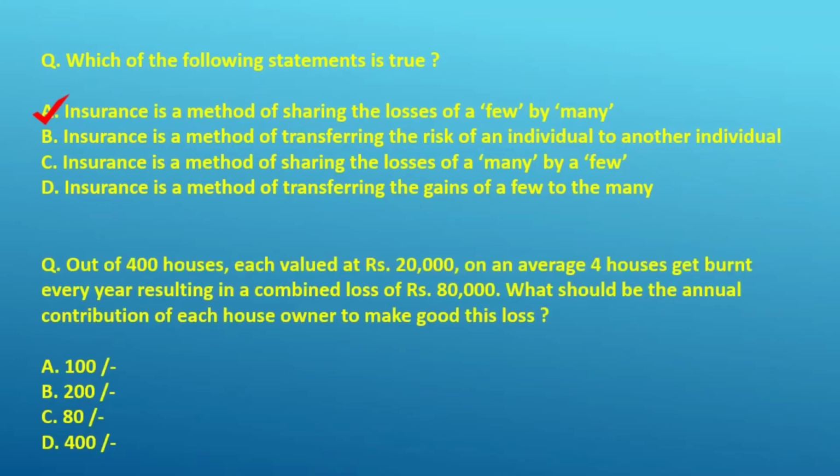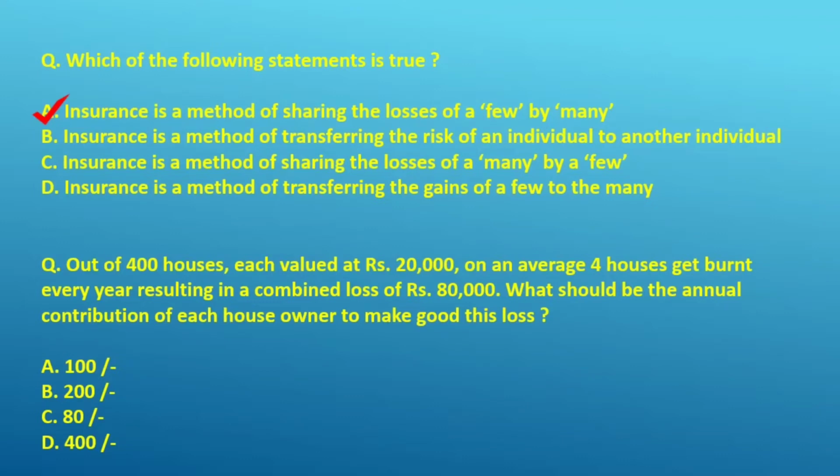Now, next one is, out of 400 houses, each valued at rupees 20,000, on an average 4 houses get burnt every year, resulting in a combined loss of rupees 80,000. What should be the annual contribution of each house owner to make good this loss? This question is also related to the previous one.